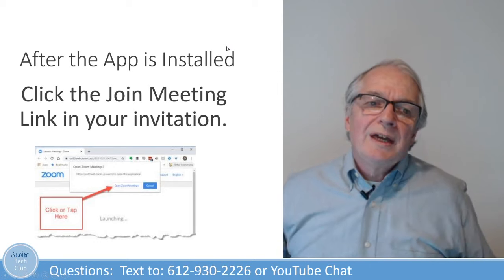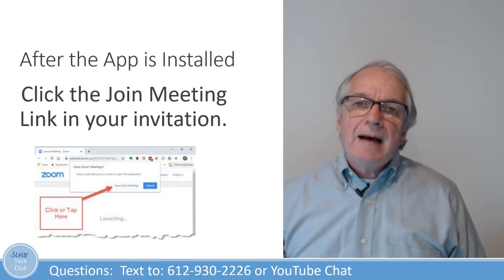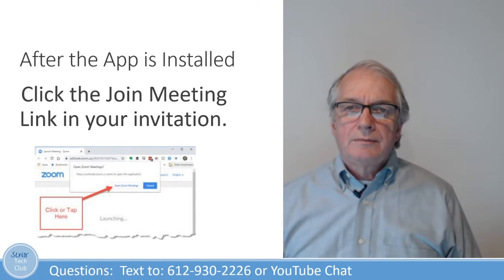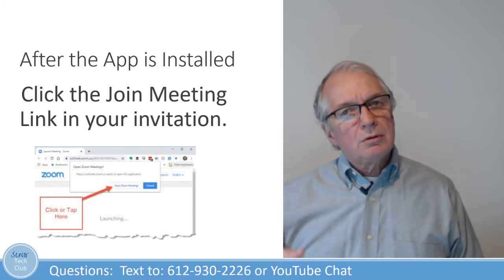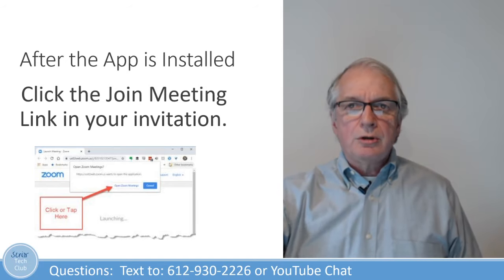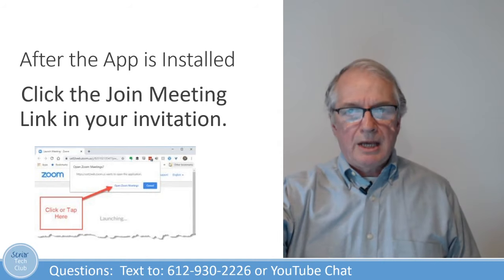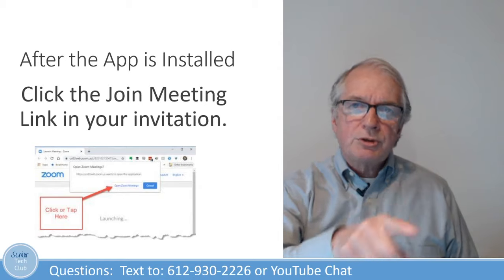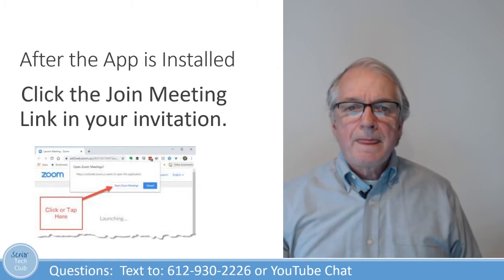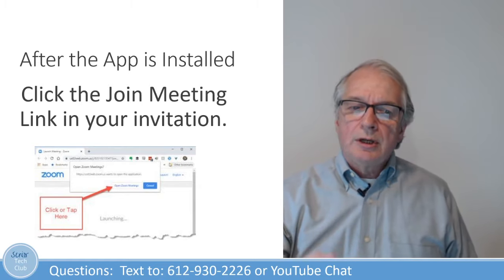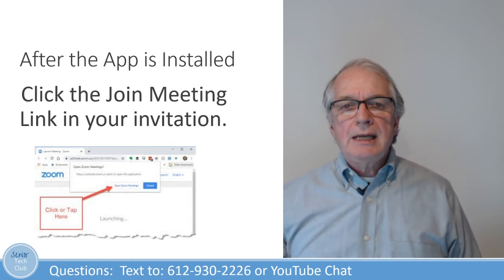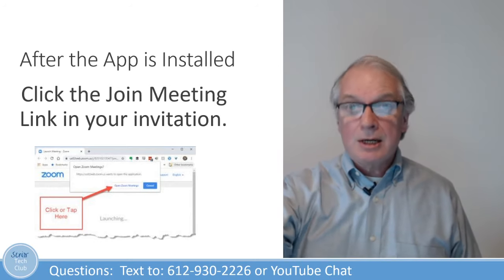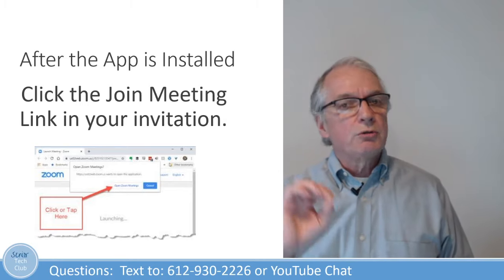Okay, so after the app is installed, it will go to the current meeting, right? It'll have you join that current meeting. But here's the point that I'm making. Once the app is installed, when you need to join a meeting at some later time, it's very straightforward, very simple.